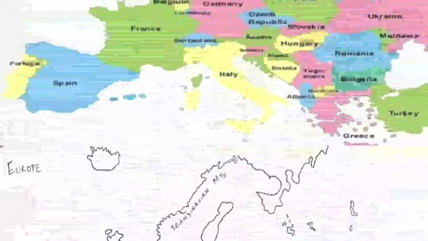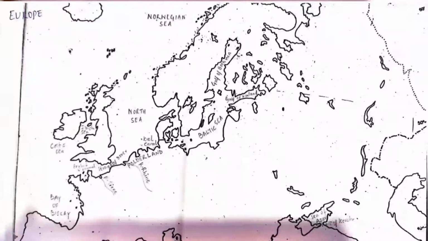So let's move forward to the important oceans, seas, straits, gulfs and bays of Europe. Let's move towards them one by one. Starting from the top, we have the Norwegian Sea.